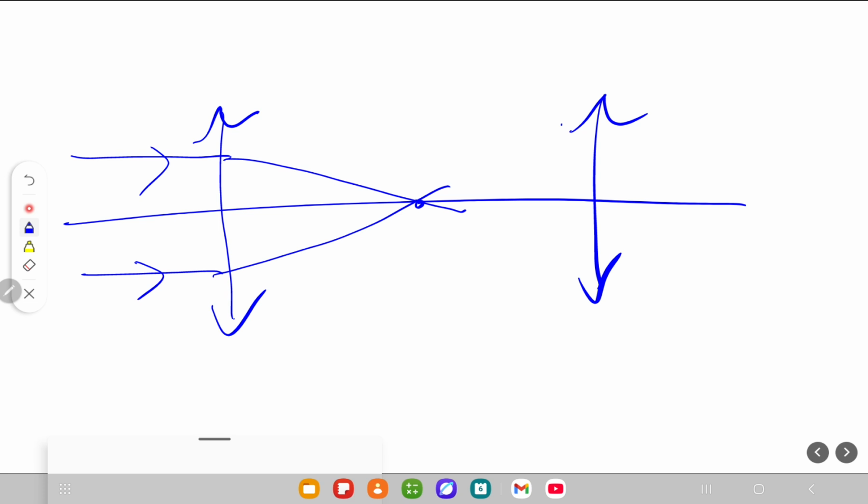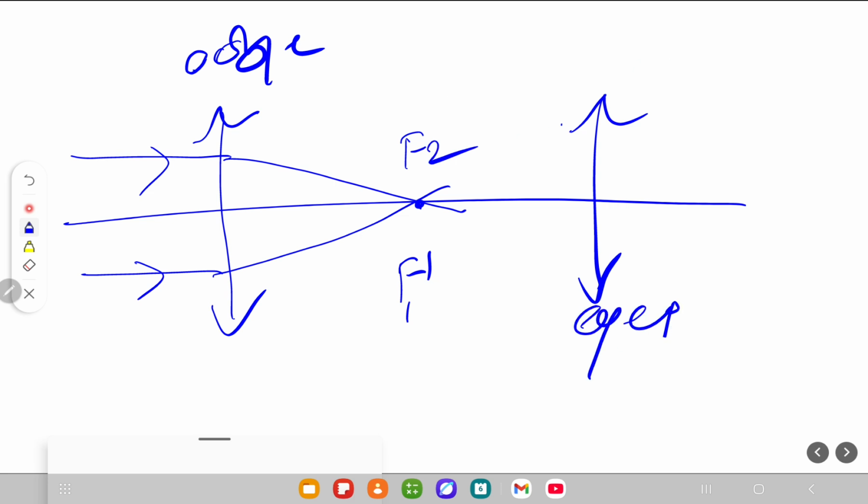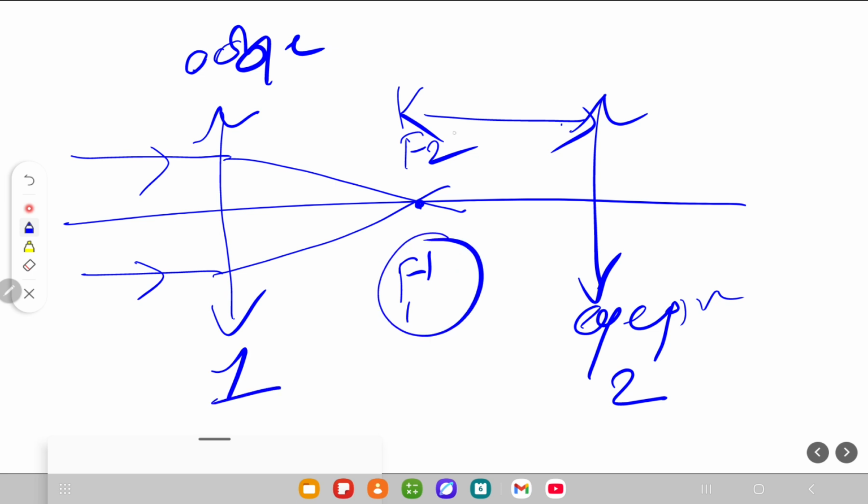This is the secondary focal point of the objective lens, which is f1 dash for this lens, and f2 is the primary focal point of the eyepiece. So for two lenses, this is one lens's secondary focal point and the other lens's primary focal point. The secondary focal point is somewhere here, f1 dash, and f2 is the primary focal point.